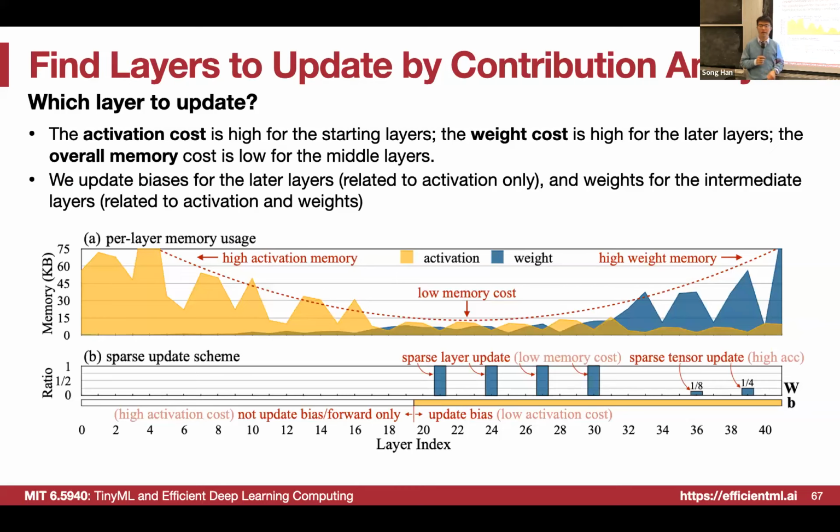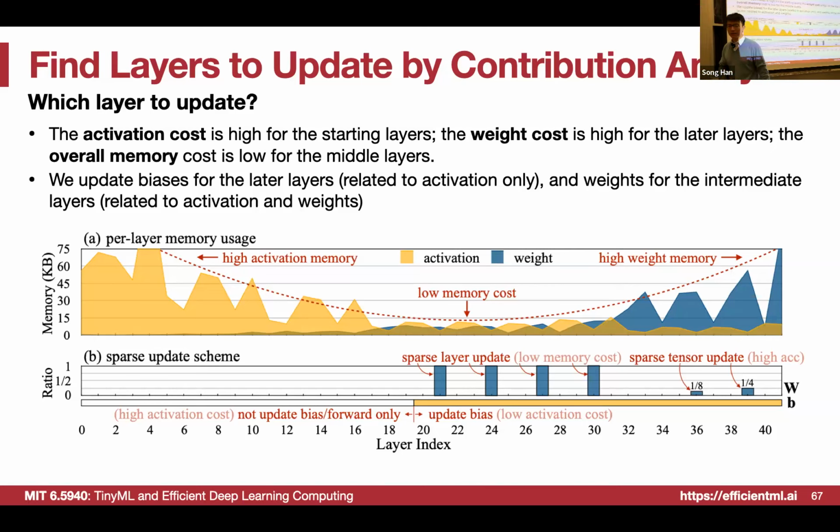This figure shows the trade-off between memory consumption and accuracy contribution. On the top, it shows two colors, yellow for the activation and blue for the weight. For CNN, we can find the first couple of layers are dominated by activation. Every activation is pretty big. And for the later layers, the weight is actually pretty big.